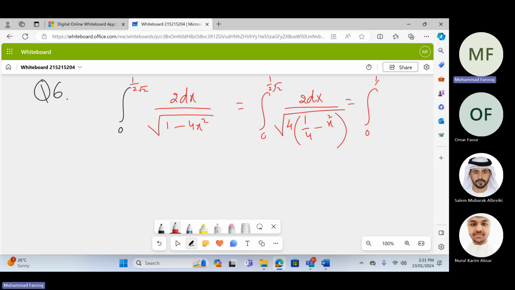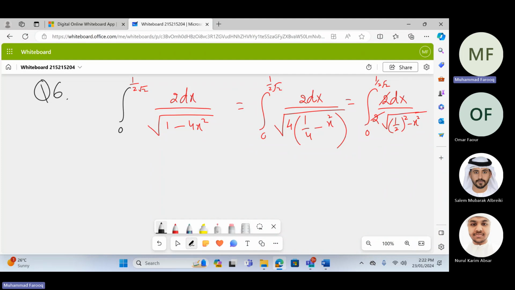Integrate from 0 to 1 over 2 square root 2, we can cancel the 2, dx. Yes, you're right. Now the square root of 1 by 4, 1 by 4 means 1 by 2 squared, minus x squared. So this is cancelled out.